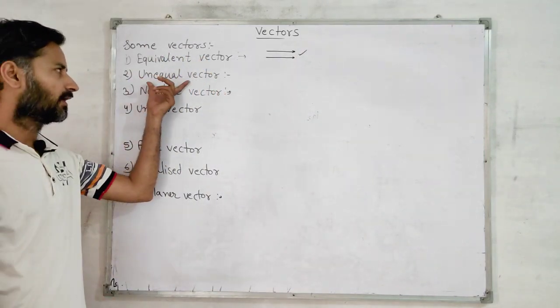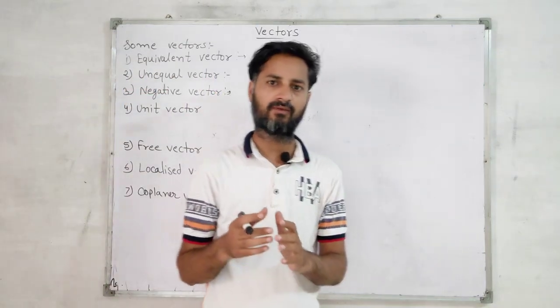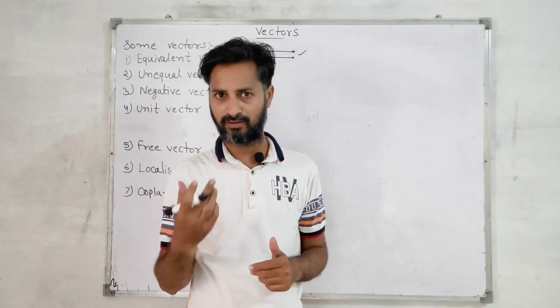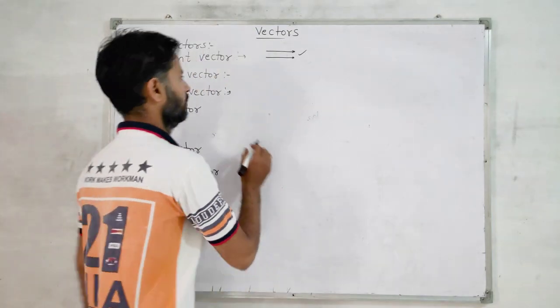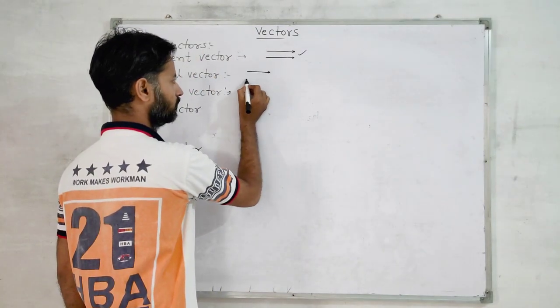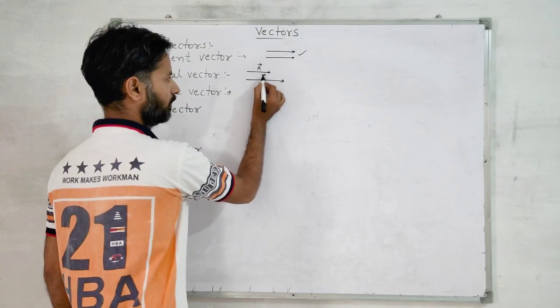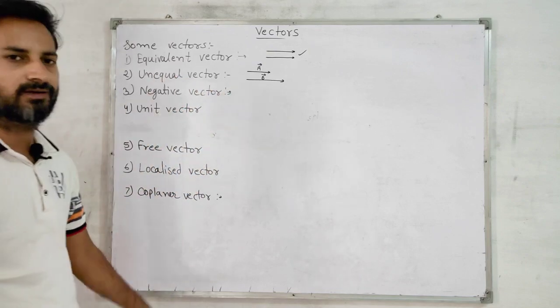And unequal vectors are those vectors which have different direction or different magnitude, or both direction and magnitude are different. Like these both vectors a and b have same direction but different magnitude, so they will be unequal vectors.